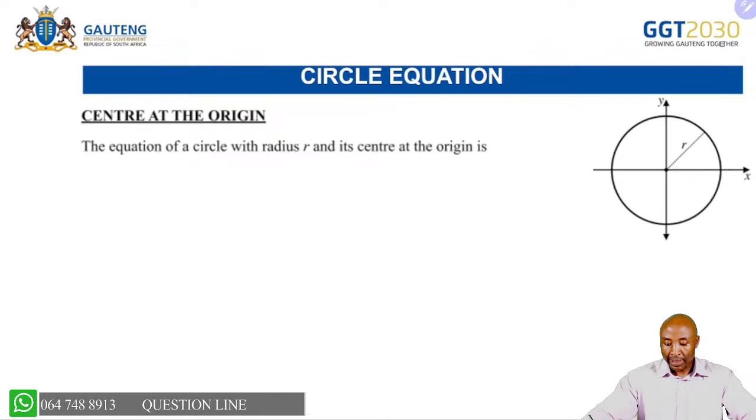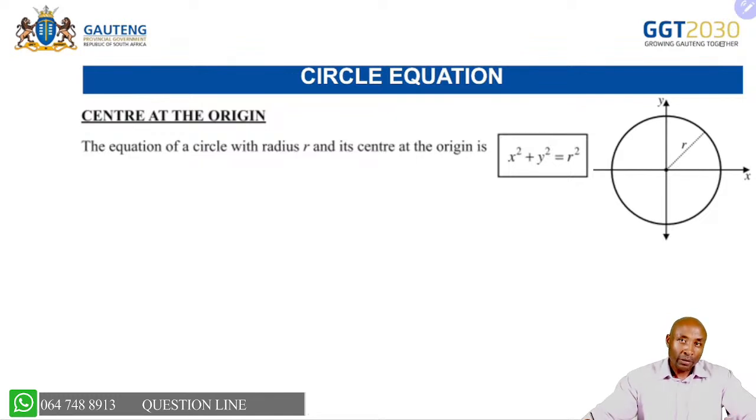The equation of a circle, we know that a circle is defined by looking at its center as well as its radius. So we are going to look at the equation of a circle where the center is the origin, and the equation is given as x squared plus y squared is equal to r squared.